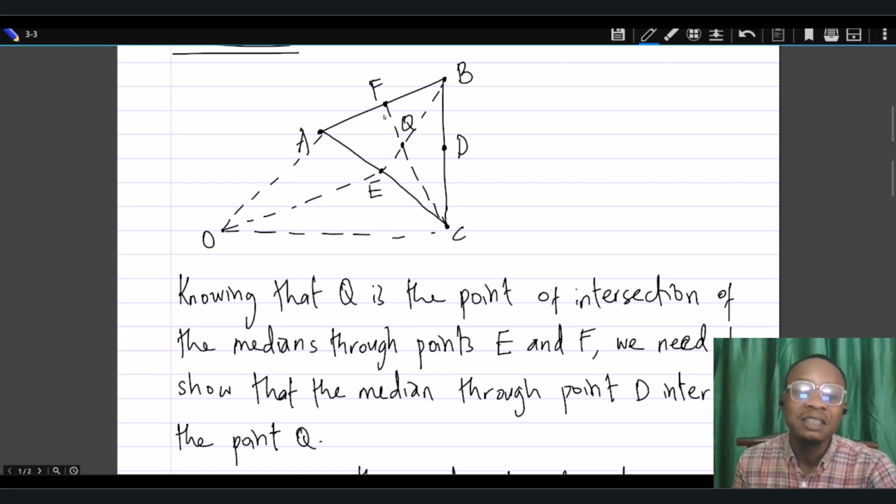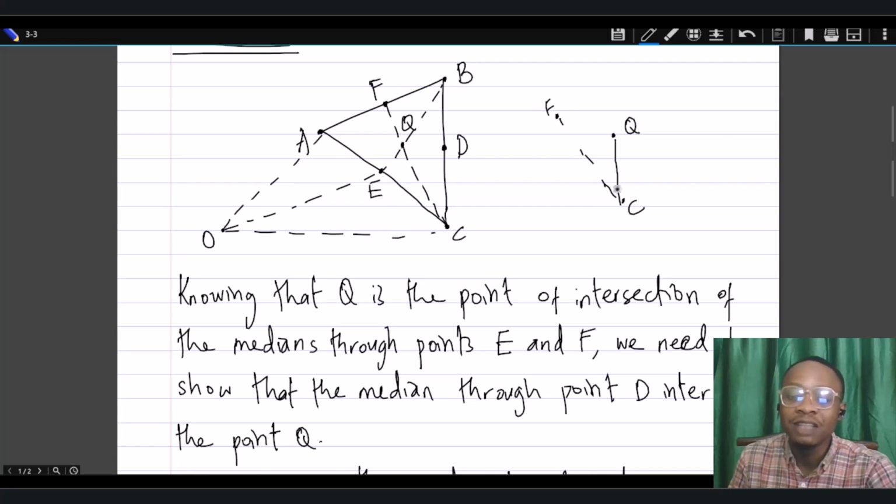Now think about it, if they did not intersect, if Q did not lie along the line, we could have something like, let's say this is point F and this is point C, and this is the line joining the two, and then point Q is not on the line. Let's say point Q is here.